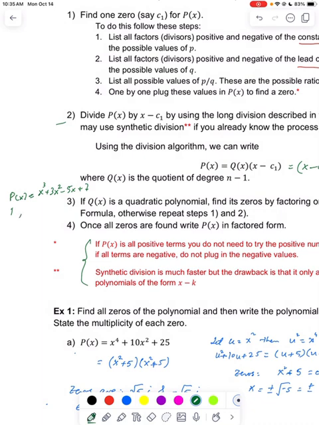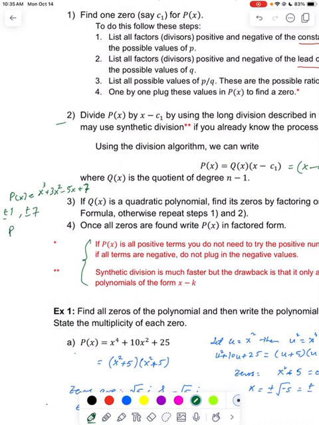The constant term is 7, so the possible zeros are plus minus 1, plus minus 7, the possible values of P over Q. So we do not need to plug in 1.